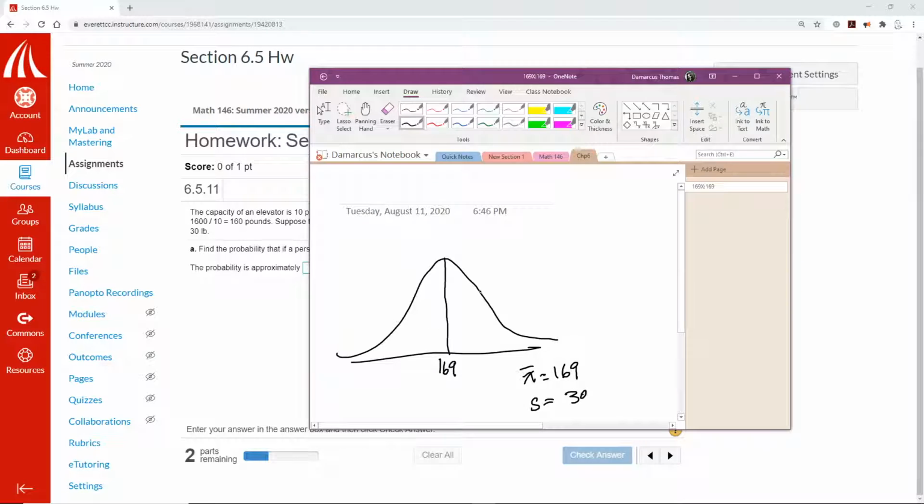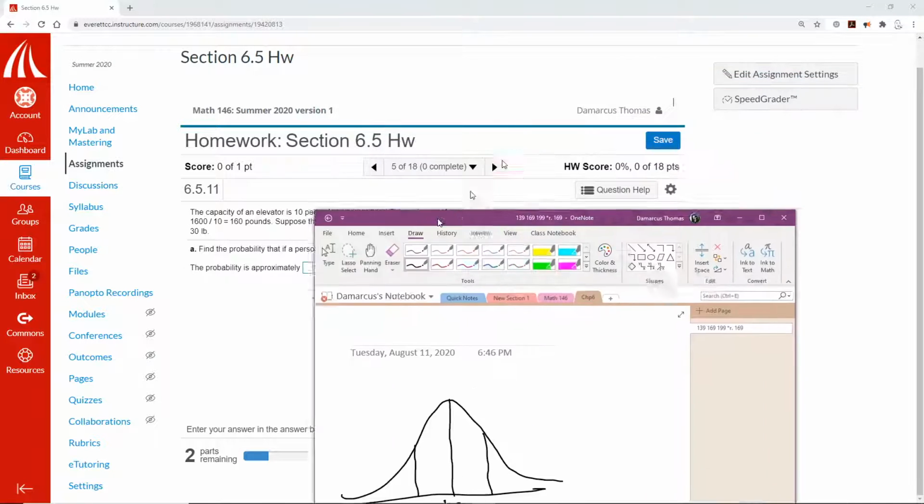So if I add 30 and subtract 30, this is a range of weights. We already know about 70% of people will weigh between 139 and 199, approximately.